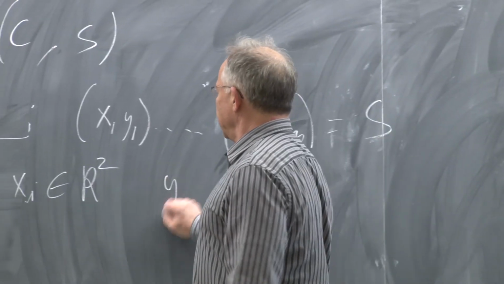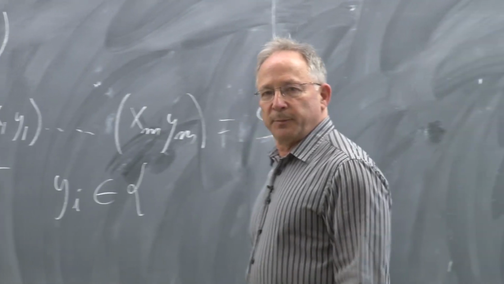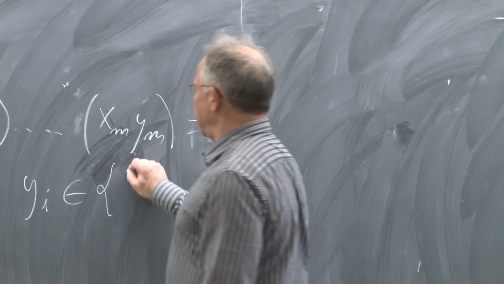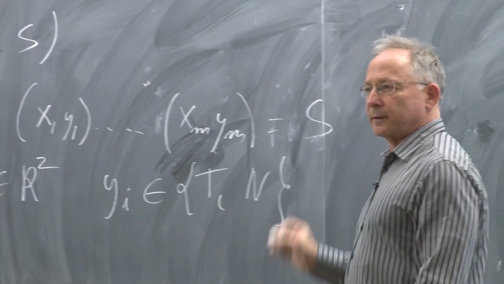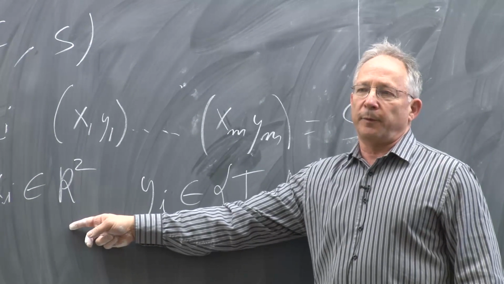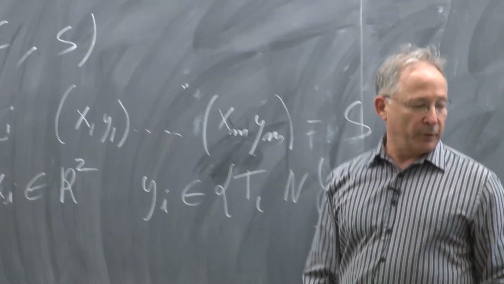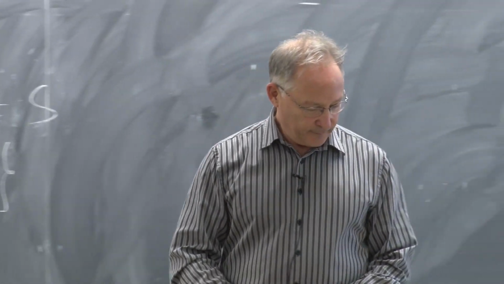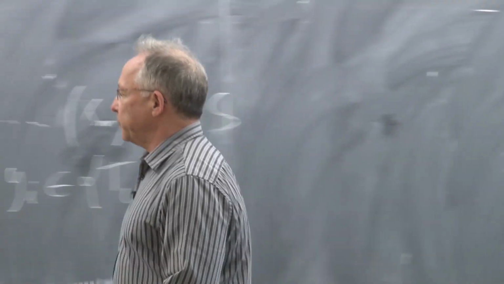And the yi are just binary, say tasty, non-tasty. Just two values. So my input are those two coordinates of the papaya and the one bit for the taste. Right? And so this is my training data.